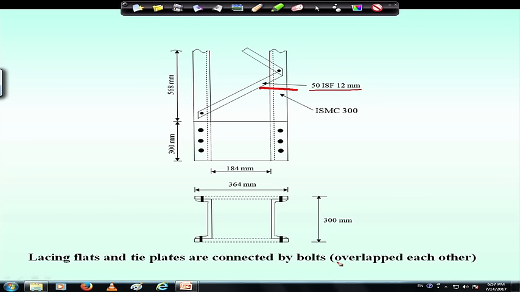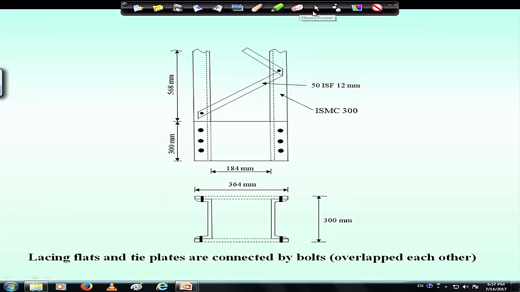In this case we are considering the overlapping of both the lacing members at a certain point. So, this is how we can make it, and spacing between two lacing is 568 millimeter. So, this is how we can do the bolt connection.